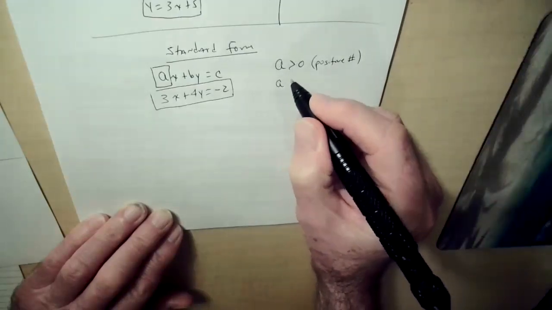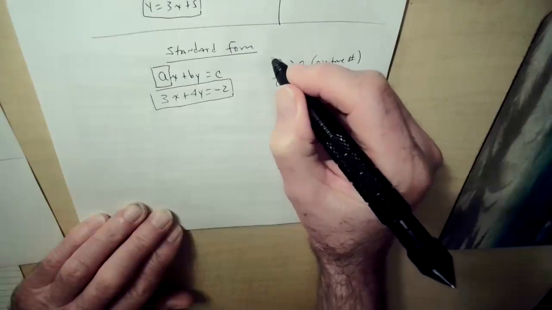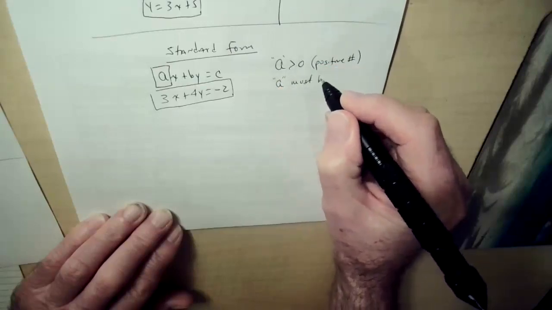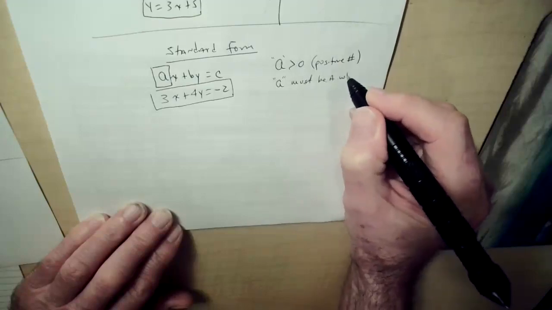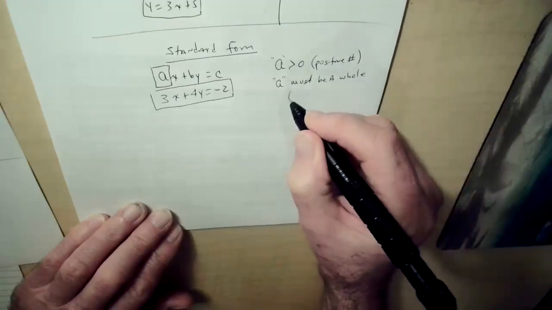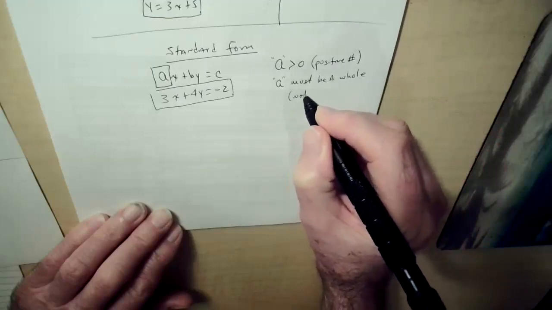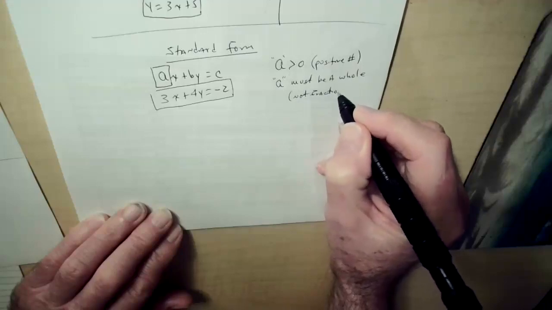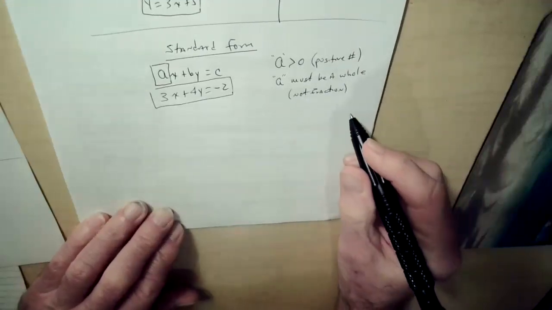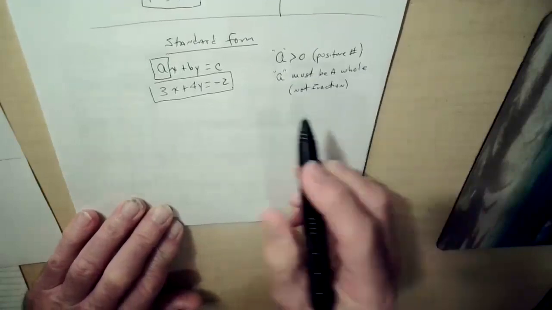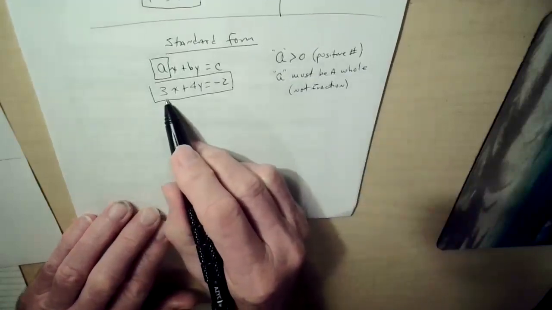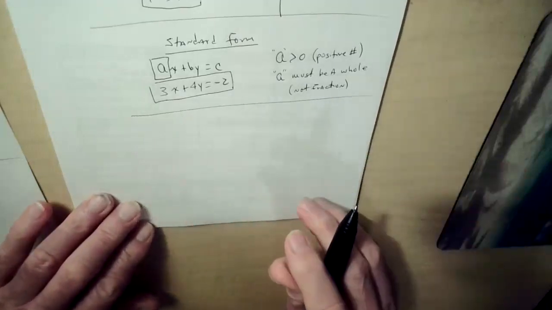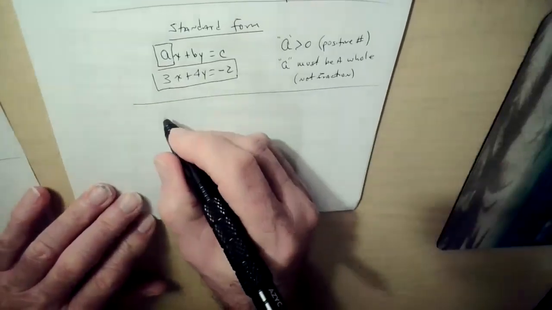And A must be a whole number, in other words, not a fraction. Okay, A has to be a whole number. This number here has to be a whole number, and it cannot be a fraction. It has to be a whole number and positive.